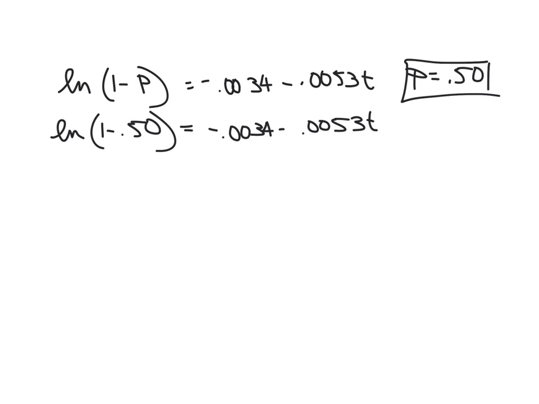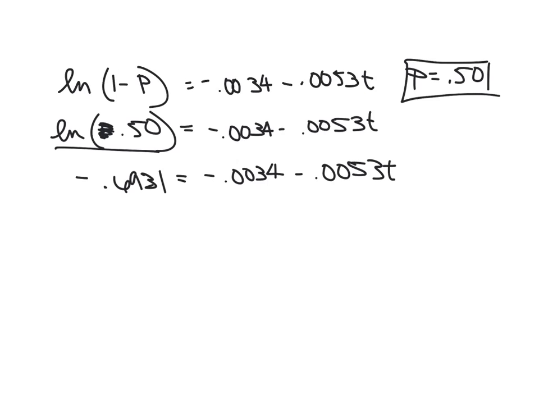Okay? So 1 minus 0.5 is going to give us 0.5, so we'll just take that out. ln of 0.5 is easily put into your calculator, and it's negative 0.6931, and that equals... I sure get tired of writing these numbers.